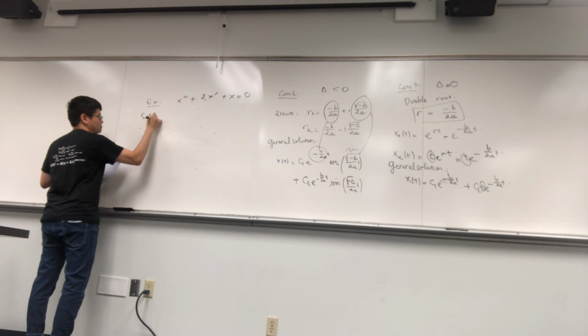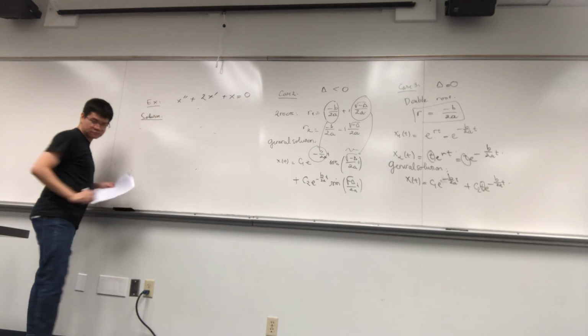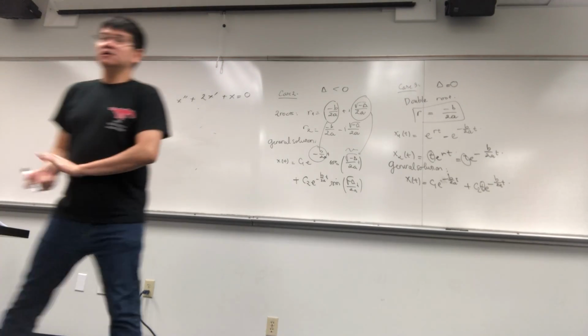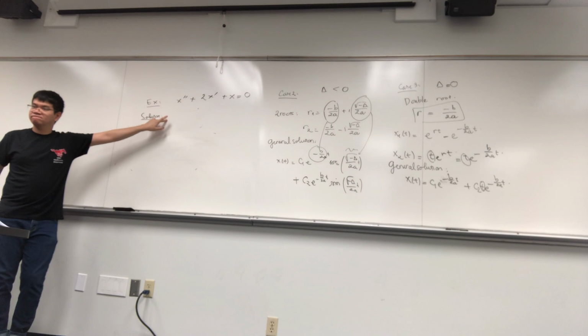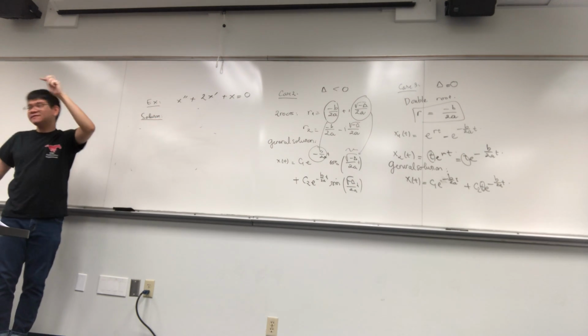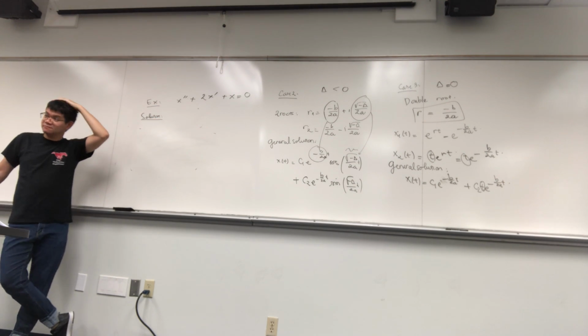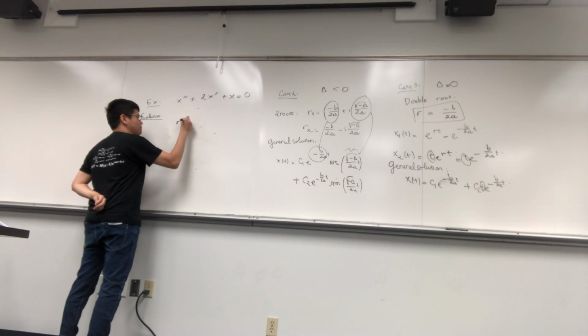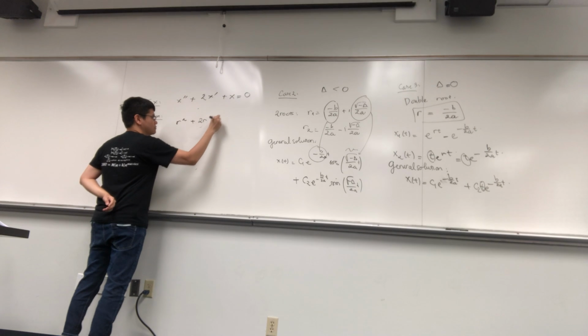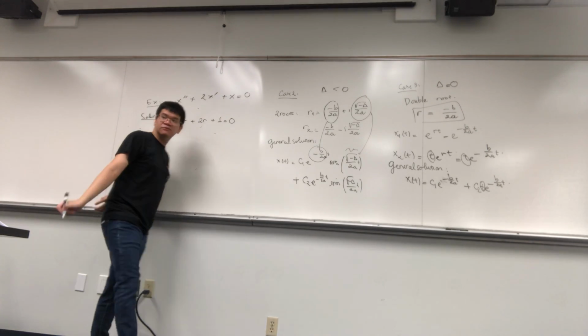Solution. So what is the characteristic equation? R squared plus 2r plus 1 is 0, right?